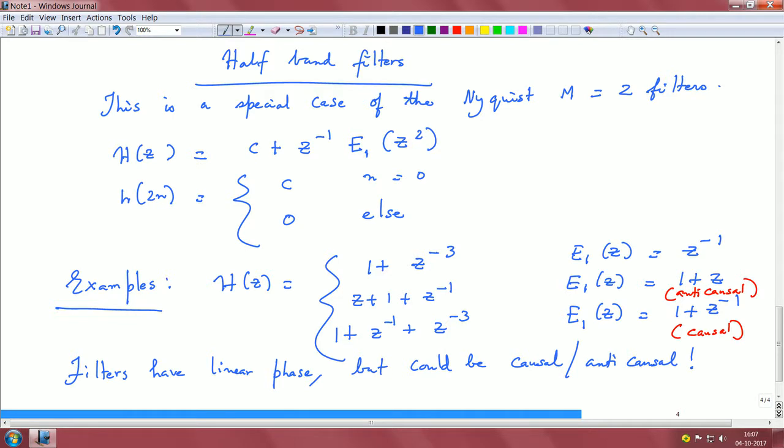Now, as it suggests, let us verify if the responses sum to 1.